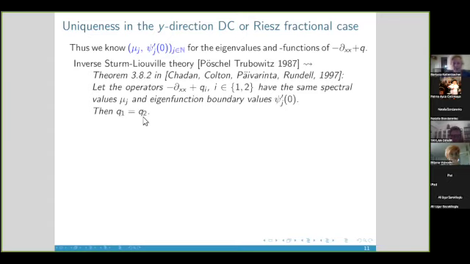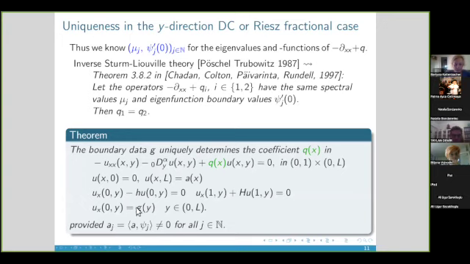And since we have seen that from the overposed boundary data we can really extract that spectral information, it also tells us that we can uniquely recover q of x. So the boundary data g, first of all, as an intermediate step, gives us the spectral information, and then as a second step, it gives us really the coefficient that we want to have.